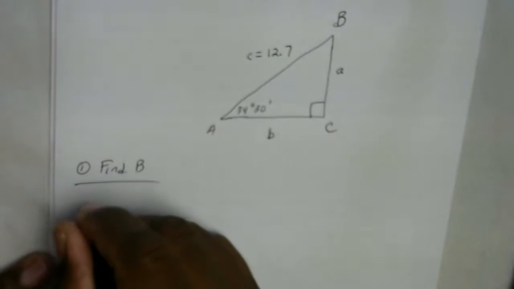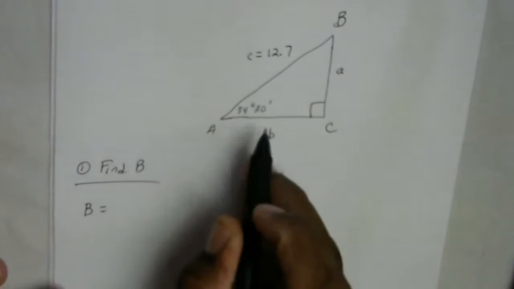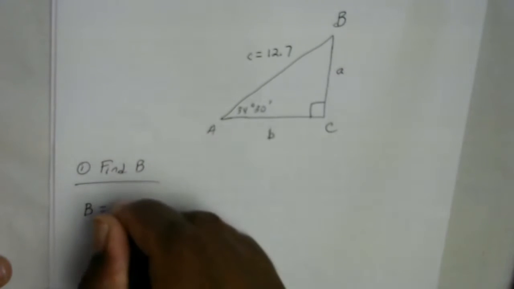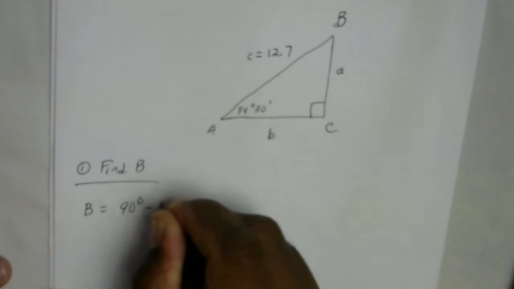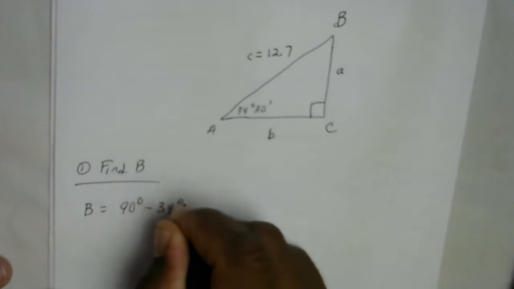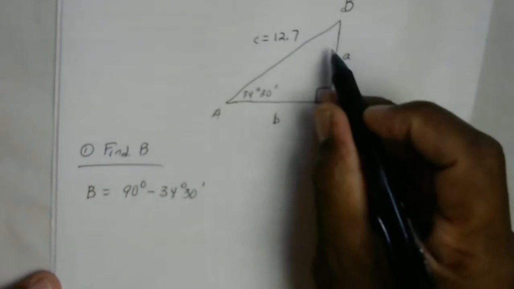So I'm going to find angle B by using that fact. I want 90 degrees minus 34 degrees, 30 minutes, and that would give me the measure of angle B.